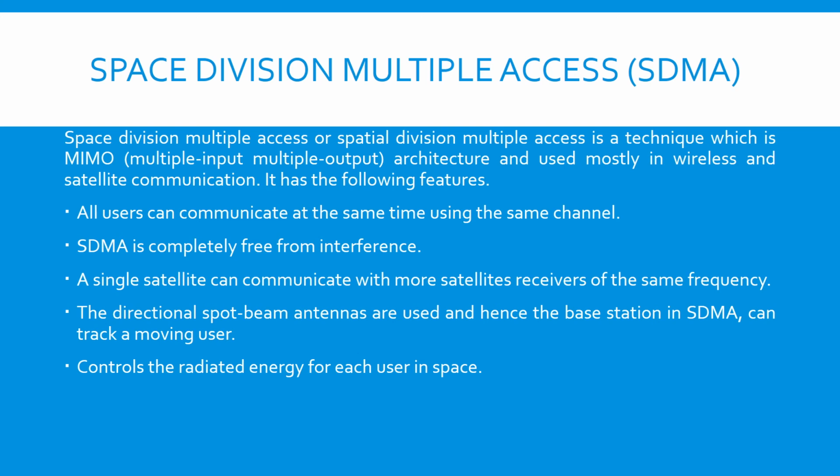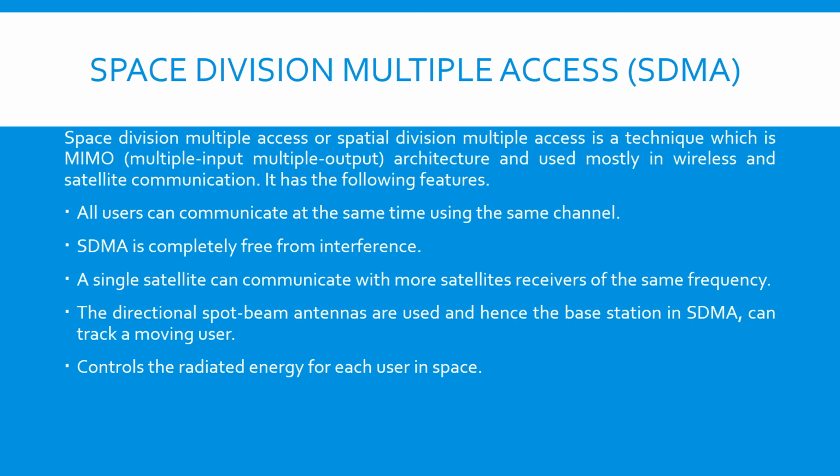Now with this type of device, any signals coming from space or the satellite are uninterfered by any type of disturbances like lightning or clouds or rainfall and so on. A single satellite can communicate with more satellite receivers of the same frequency.